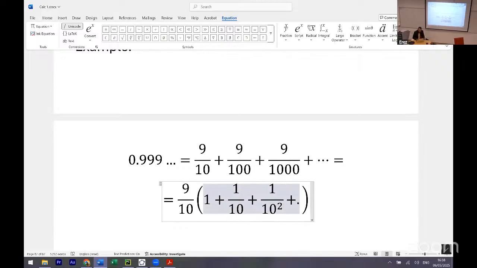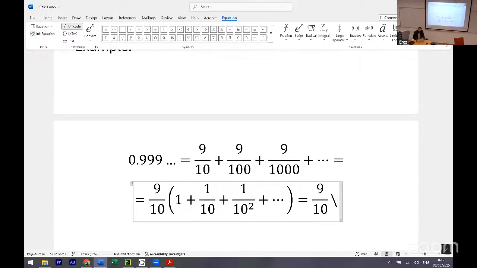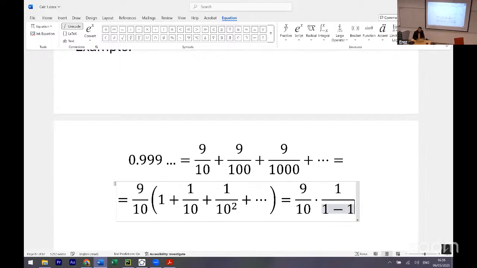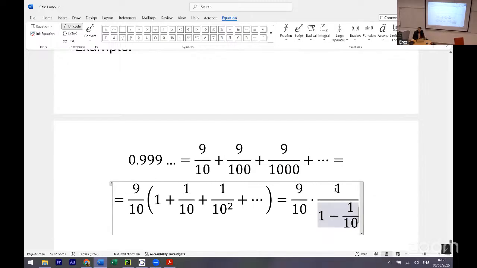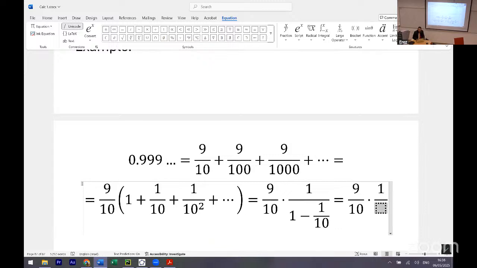It's a geometrical sequence. And that's 9/10 times 1 over 1 minus 1/10. Right, that's the 1 over 1 minus x. It's 9/10 times 1 over 9/10.